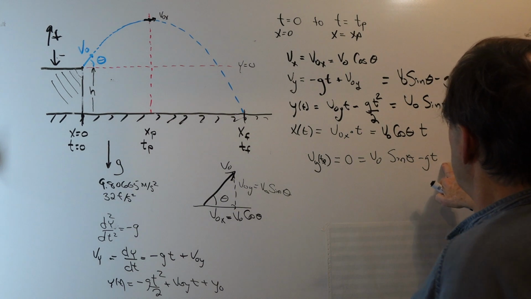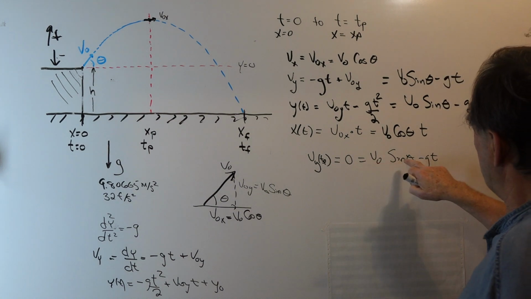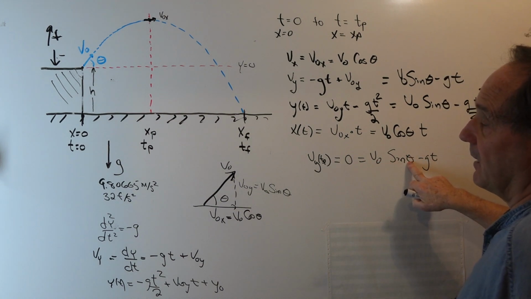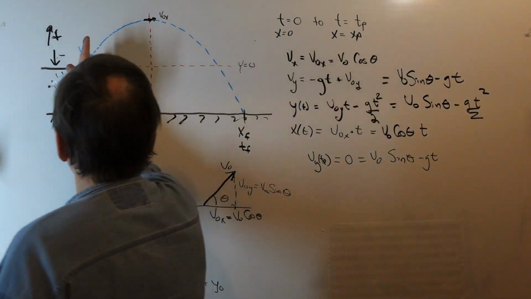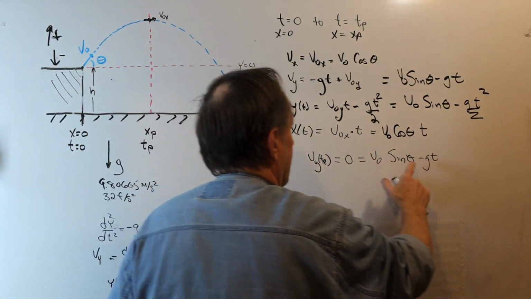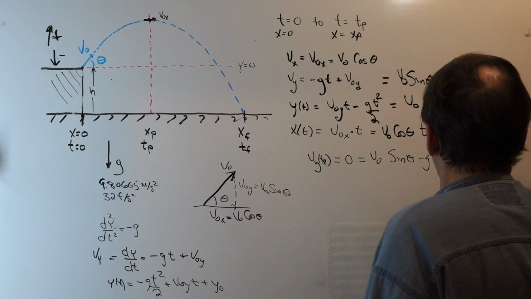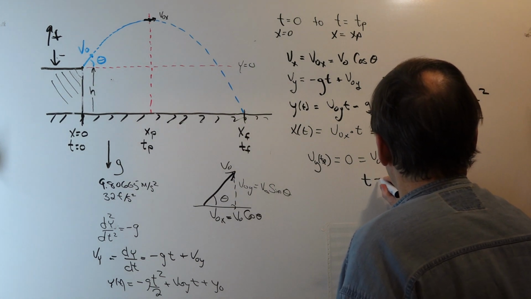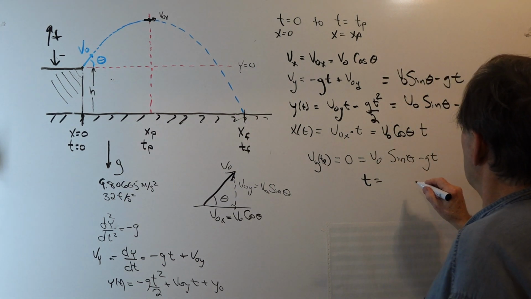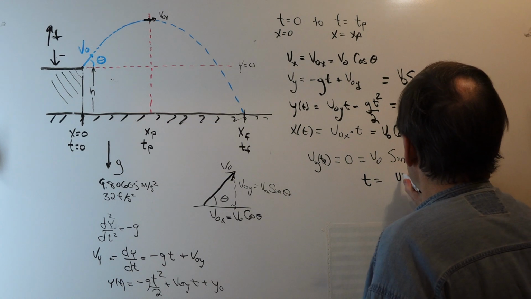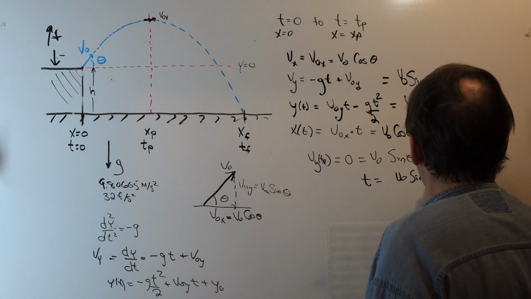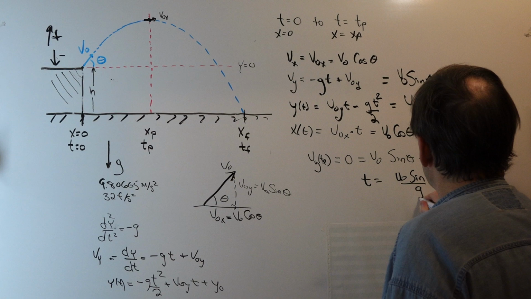So we can solve for t on this equation. v0 is known, the angle that the projectile is shot up at is known, and g is known. So t is equal to v0 sine theta divided by g.